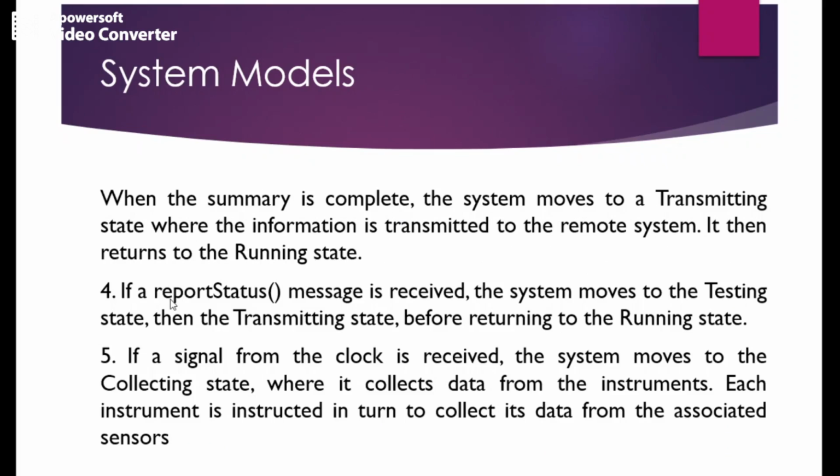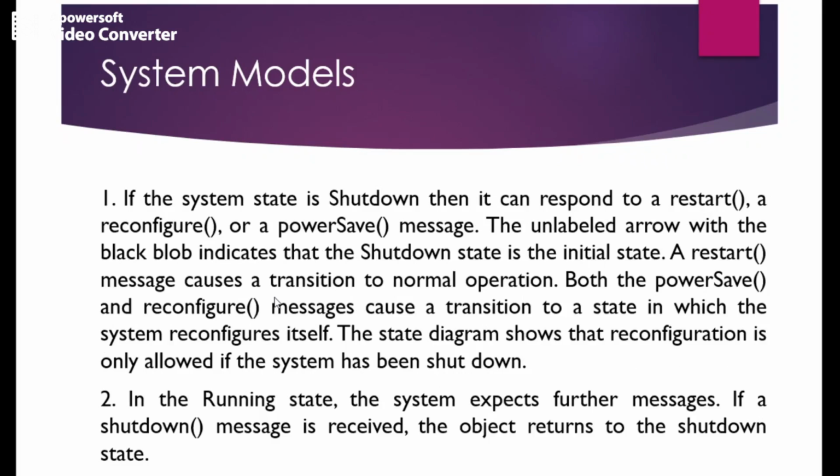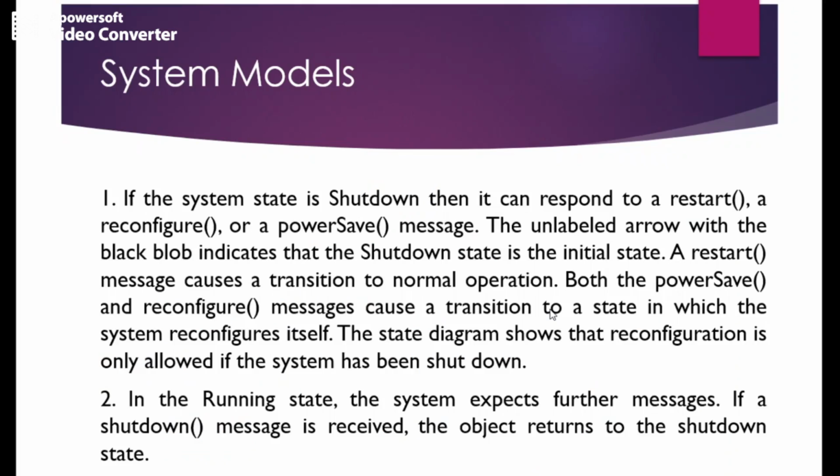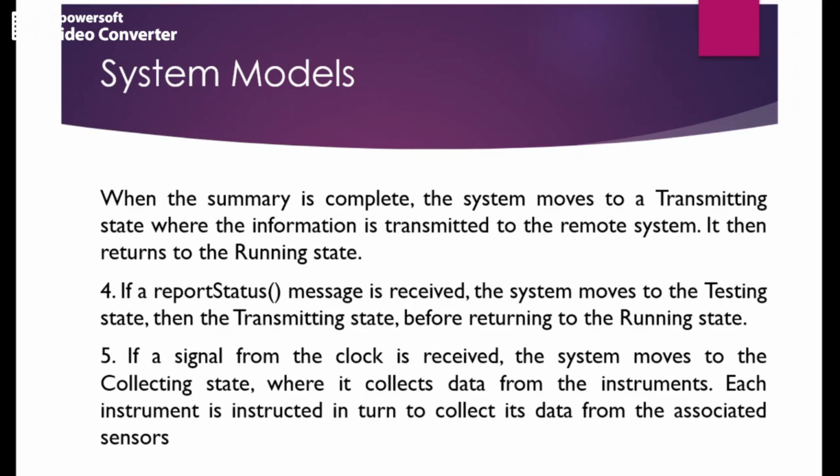Clear? Fourth point. If a report status message is received, and your system is in running state now, it will move to which state? Testing state. So what you can see is, if a report status message is received, the system moves to the testing state.